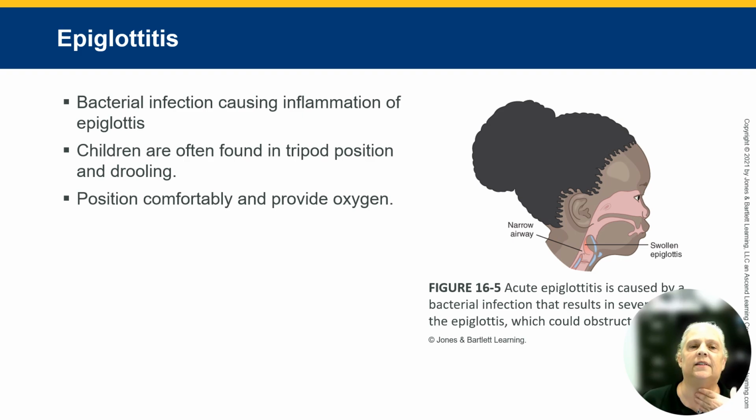What it is, the epiglottis, that little flap, that leaf-like structure that goes over your trachea, becomes irritated, infected, inflamed, swollen, and it's not working properly. You want to make sure that you do not attempt to suction these patients. We do not want any irritation.